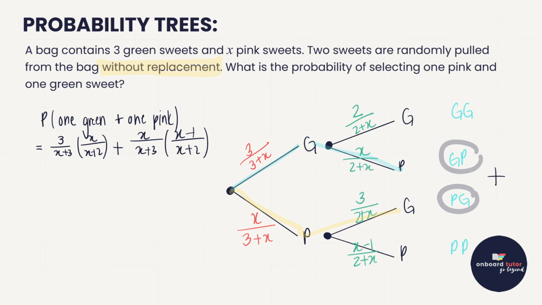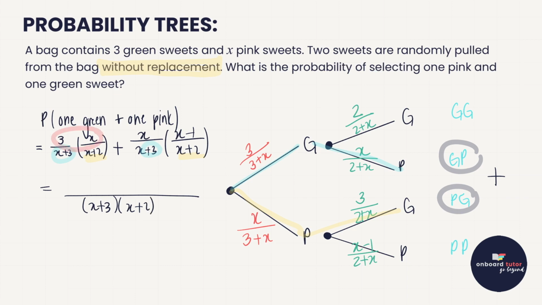Okay, I can see that there's a common denominator here, so we're just going to use some algebra to finish this off. So what we can do is we can say, well, then the overall denominator is going to be x plus 3, x plus 2. And then in our numerators, we're going to multiply.